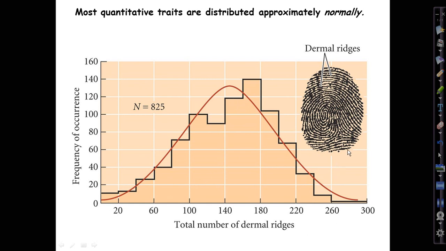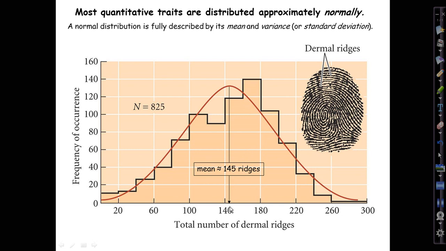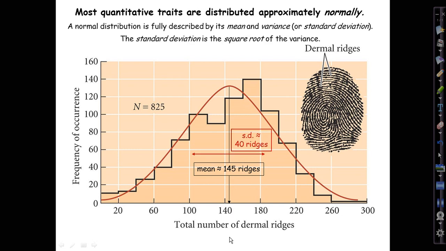For example, of dermal ridges in fingerprints, which back before you and I were born were a major subject of study. This is a big sample of fingerprint patterns, all quantified for total number of dermal ridges, and notice they are all over the place with a well-defined mean of around 145 ridges, a standard deviation of around 40.